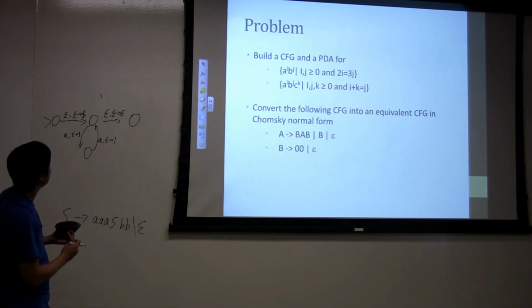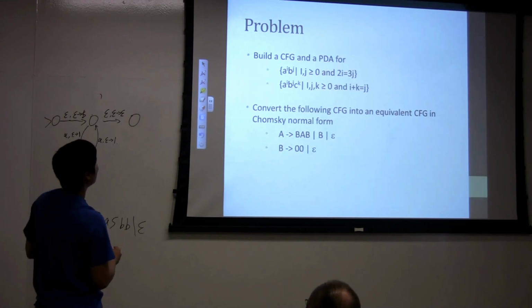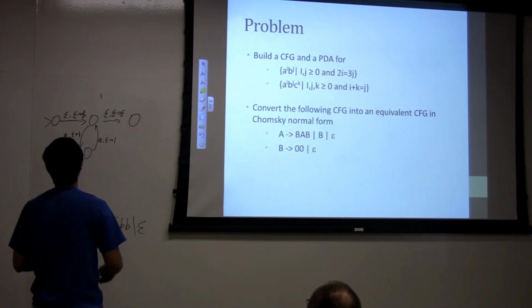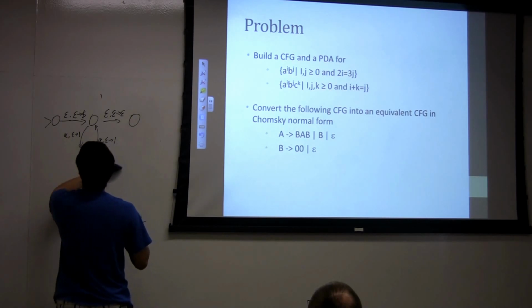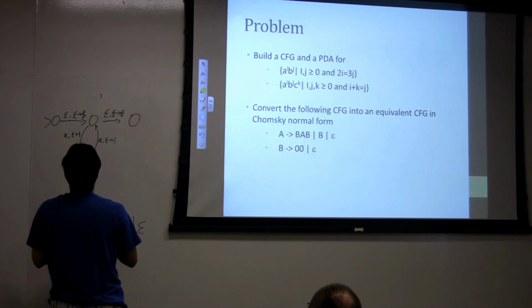Sorry, what was it? You have to read 3 A's, right? No, we have to read 2 A's. 3 A's. Look at your grammar. Oh, okay, sorry. So go on the bottom one, right? Yes. Right.